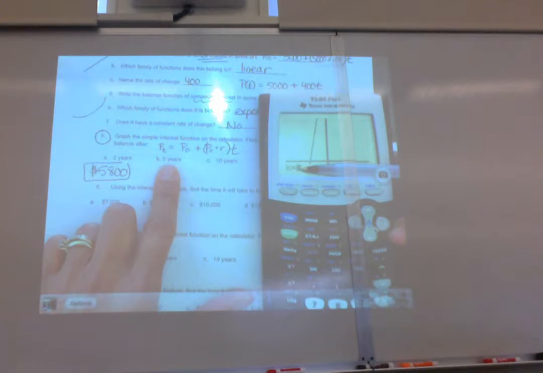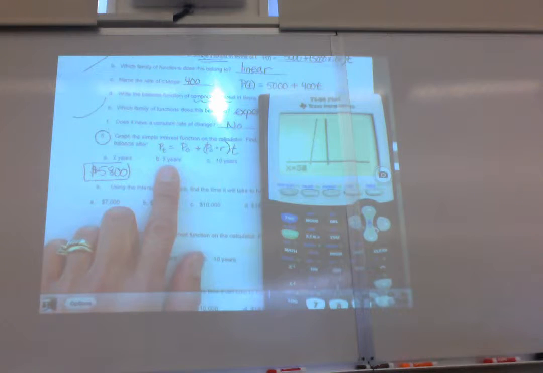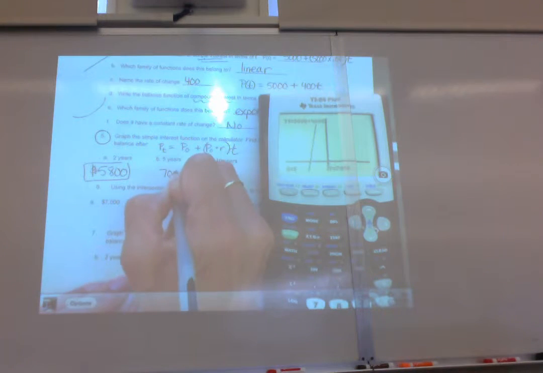I've got a blinky X. Do you see that 5 years? Do you see it on your paper? Are you on the right page? 5 years. I'm going to put a 5 in, and then I push enter. What do you see for Y? 7,000. Okay.